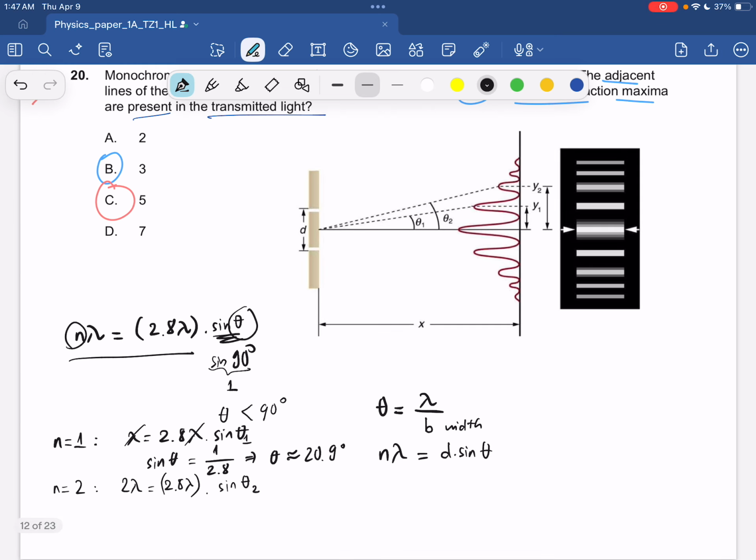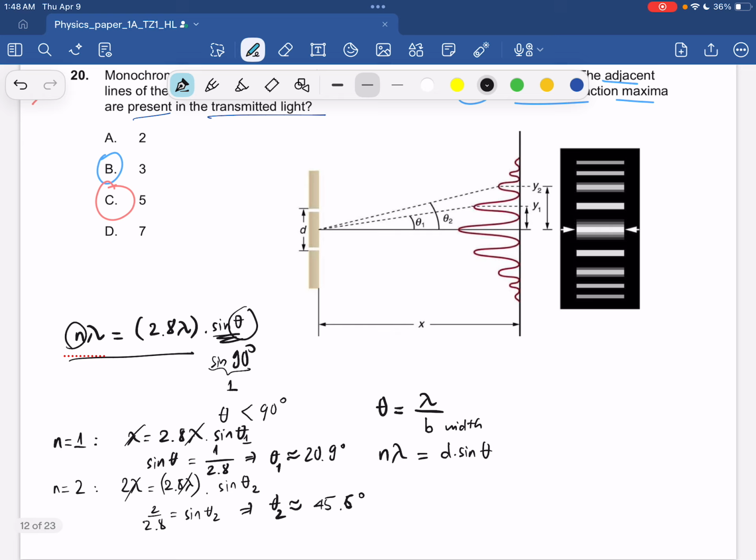Then you can find theta 2, lambda cancels out, so basically that would be 2 divided by 2.8 equal to sine of this angle, right? So the angle should be about 40.6 degrees. Okay, so what does it mean?